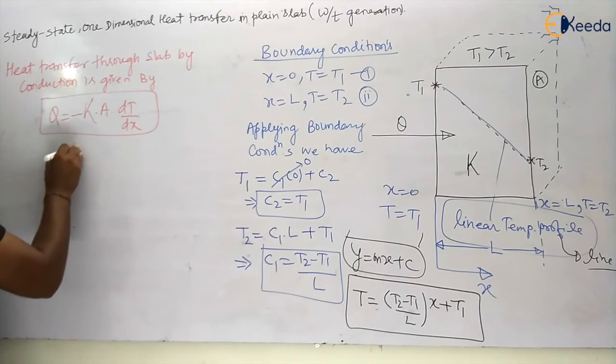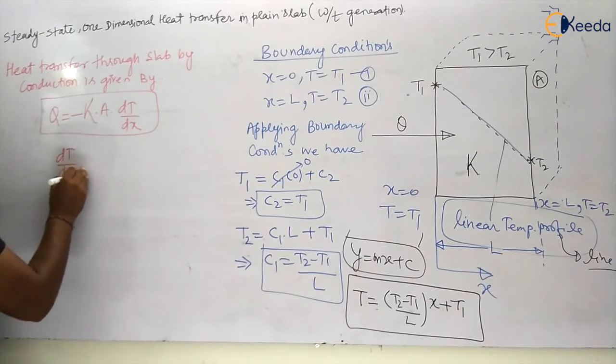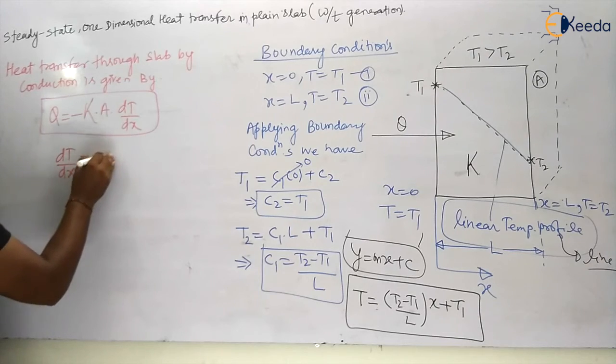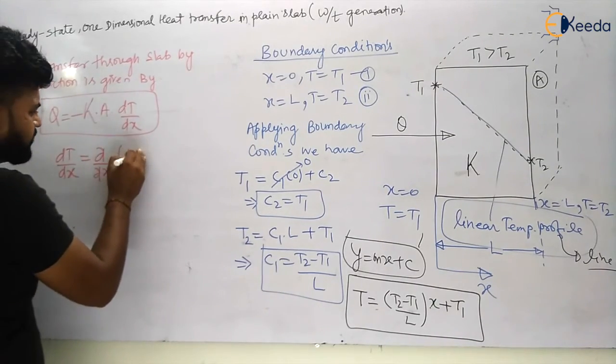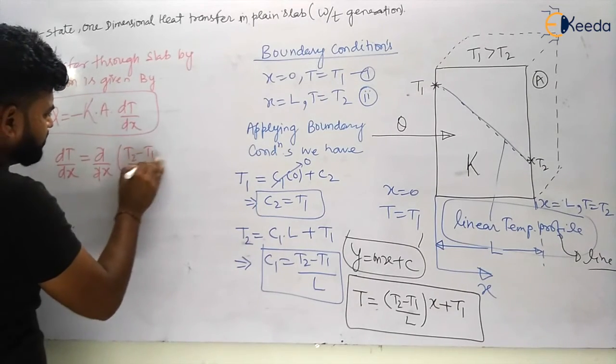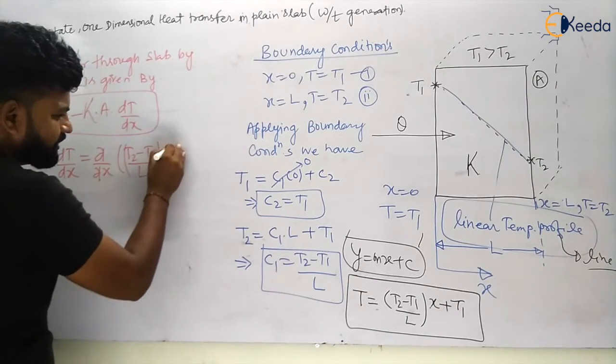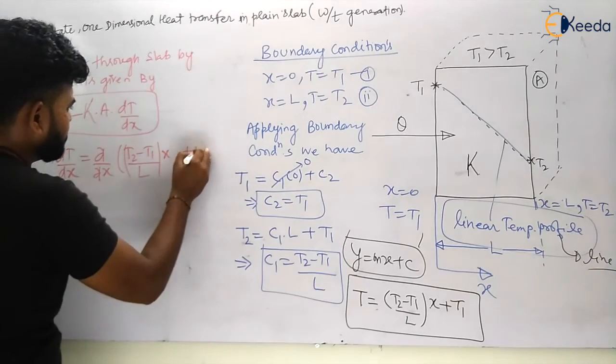So what will be dT by dx? dT by dx will be d by dx of T, which is T2 minus T1 divided by L into x plus T1.